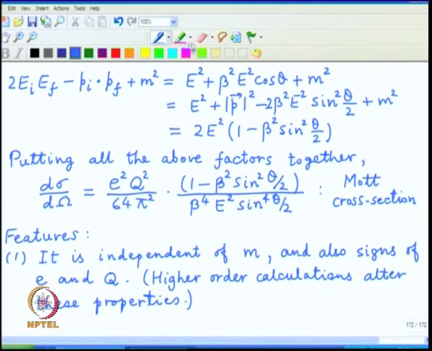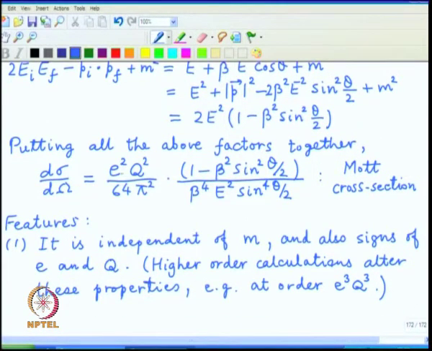For example, I can have these new corrections appearing not at e squared q squared, but at a higher order, e cubed q cubed, where things will change.